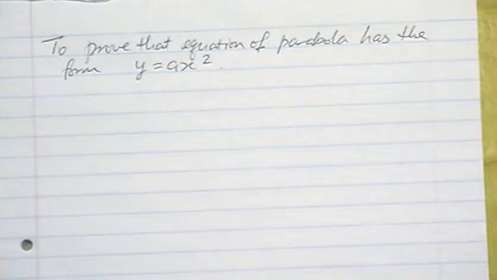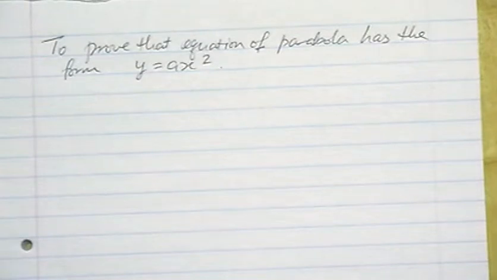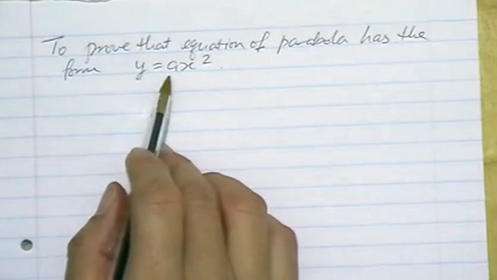Right, I shall start by proving that the equation of a parabola has the form y equals x squared.